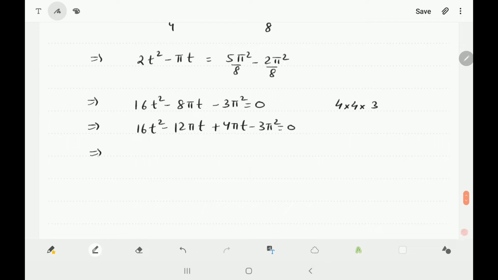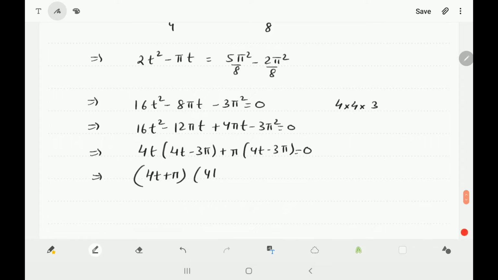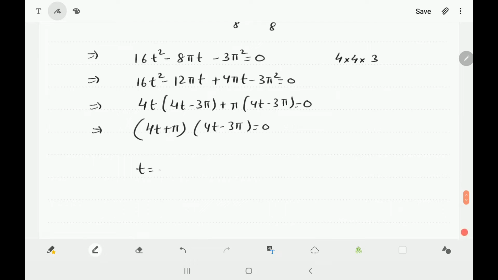Okay, so you can take 4t common from here, will be left with 4t minus 3 pi plus t, you will just take pi common from here, will be left with 4t minus 3 pi. Okay, so we will have now 4t plus pi as one factor and 4t minus 3 pi as second factor. So we will have two values of t. One is t is equal to minus pi by 4 or t is equal to 3 pi by 4.